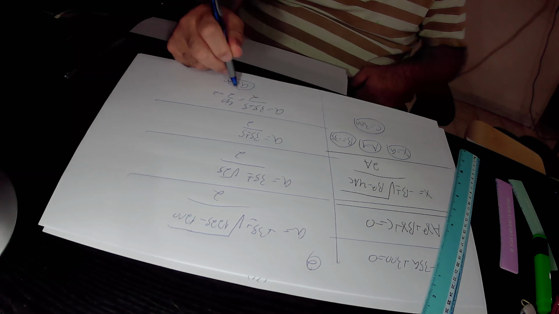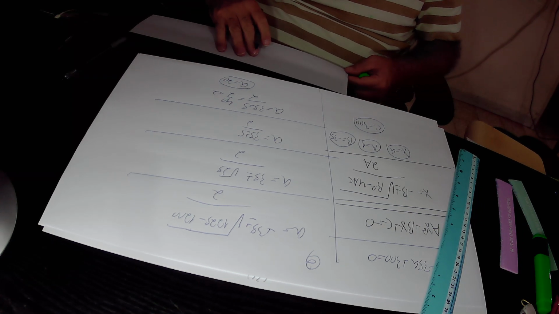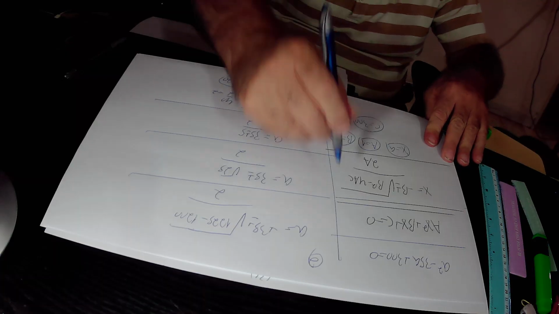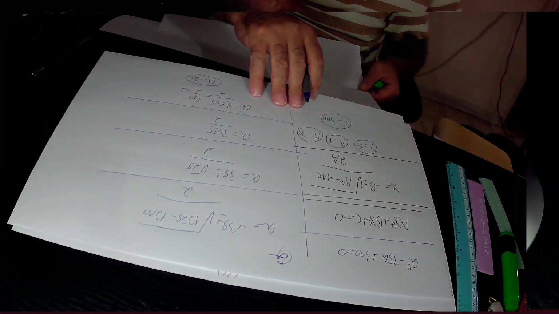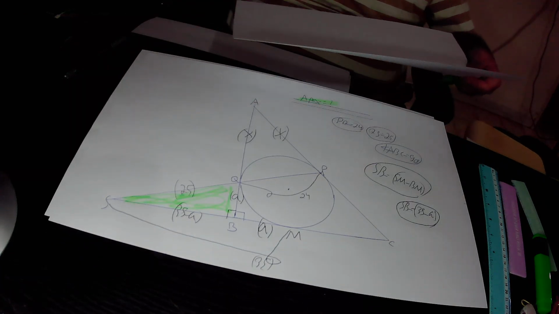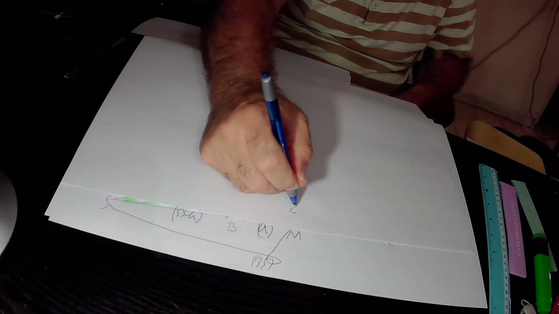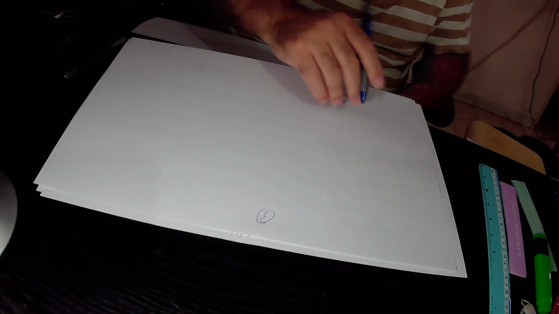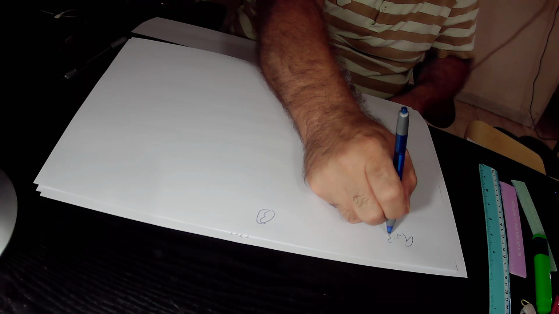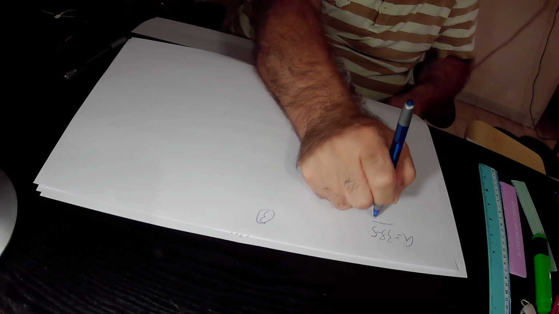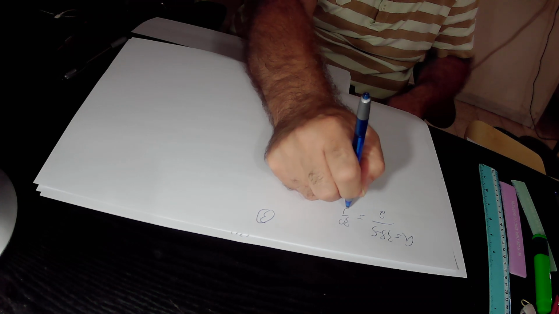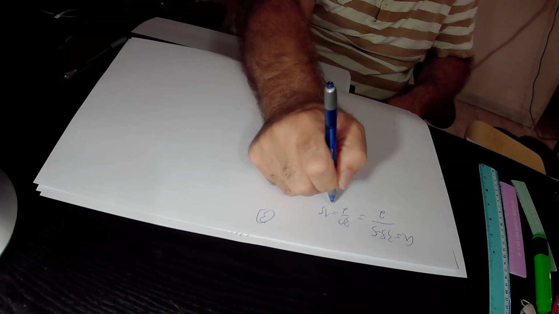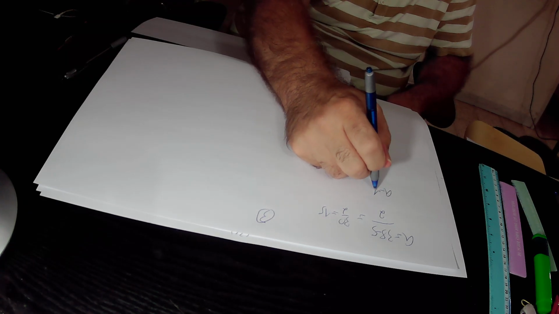Well, we also have the second solution for a: a equals 35 minus 5 over 2. 35 minus 5 is 30 and 30 over 2 is 15. So the second solution for a is that a equals 15.